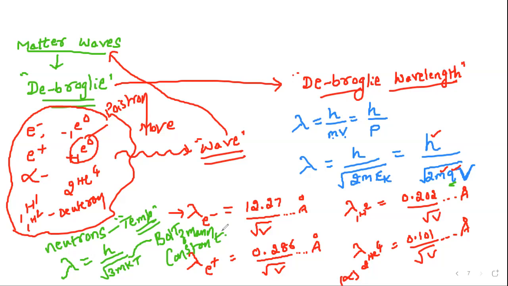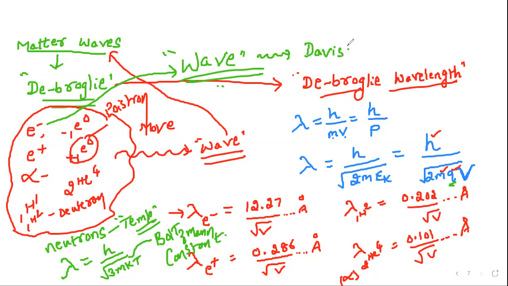Earlier we explained the electron as a particle, but in this case the electron is going to behave like a wave. This was experimentally verified by the scientists Davisson and Germer.